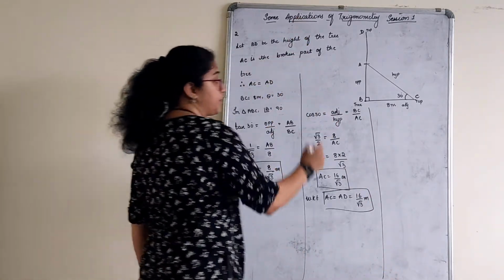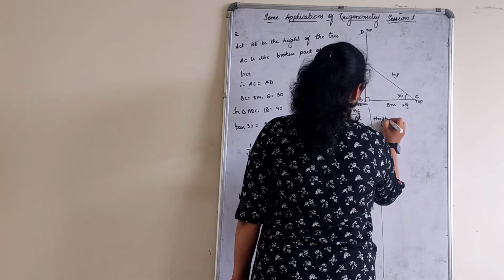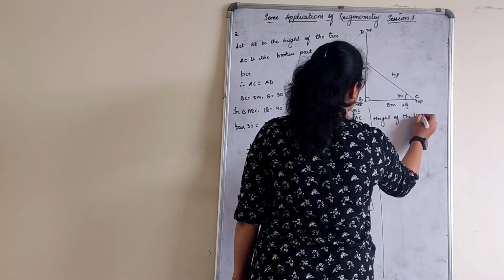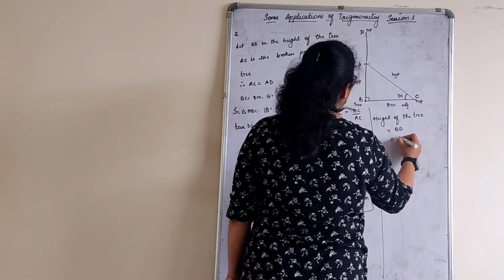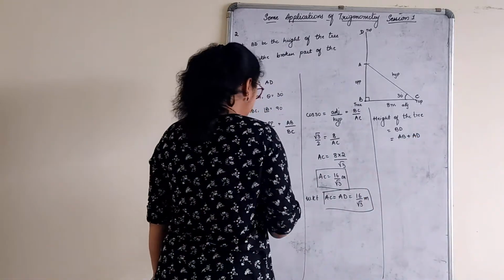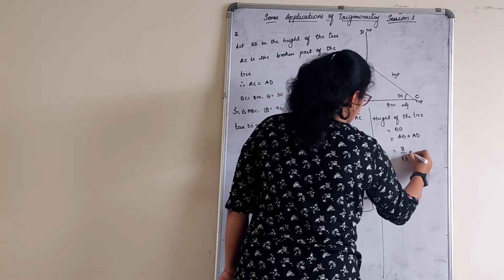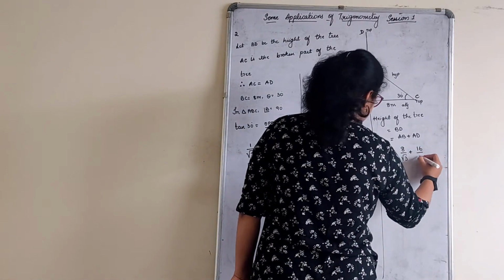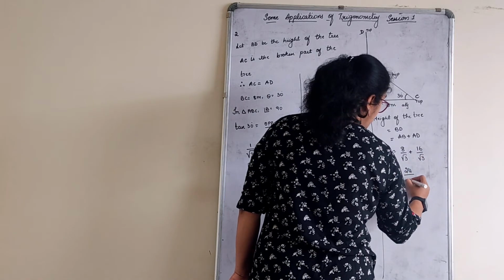Right? This part. Now, height of the tree. That is equal to BD. So, how do you write BD? You write AB plus AD. What is AB? 8 by root 3. Plus, what is AD? 16 by root 3. 16 plus 8, 24 by root 3.